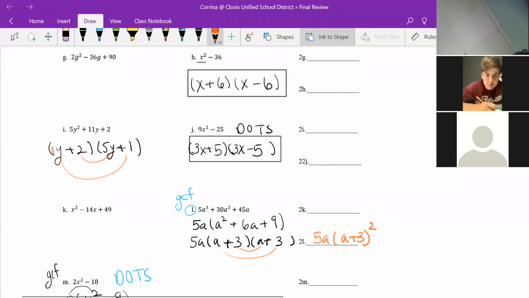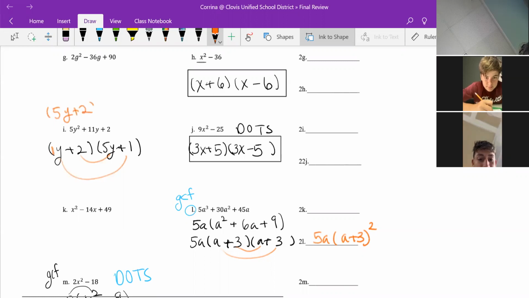Let me ask you this, Cooper. Why did you pick this one instead of 5y plus 2 times y plus 1? 5y times y is still 5y squared, and 2 times 1 is still 2. How did you know which one to use? Did you just guess?